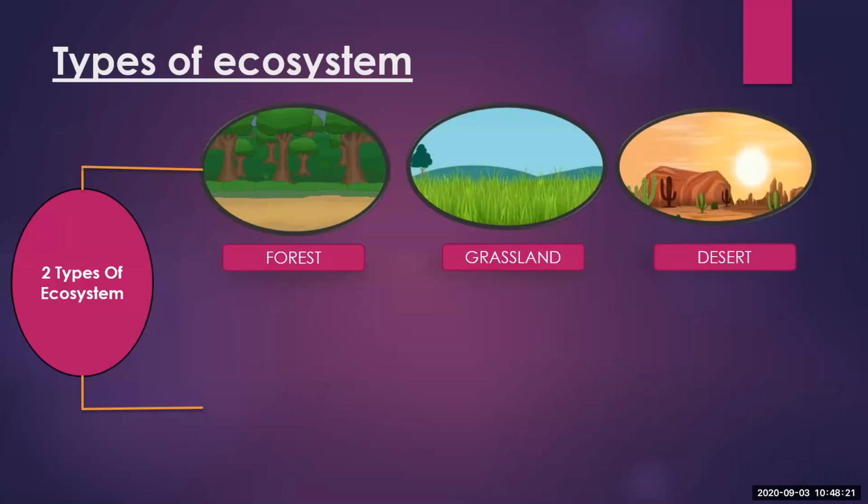Artificial ecosystem. Then there are aquatic ecosystems, which include fresh water, marine water, and oceanic water.